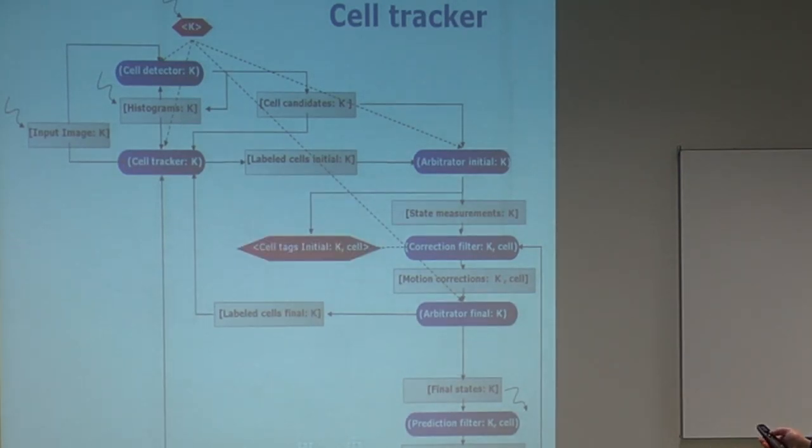The computation that produces this tag collection that controls this is in fact this arbitrator initial function. So it produces this collection which then controls this. Then there's another collection down here which has a similar function, but the values are slightly different.